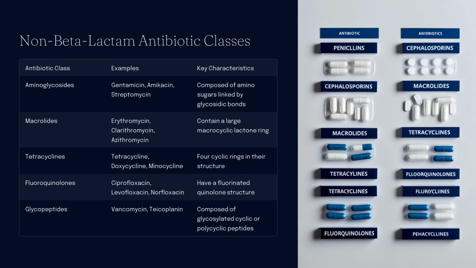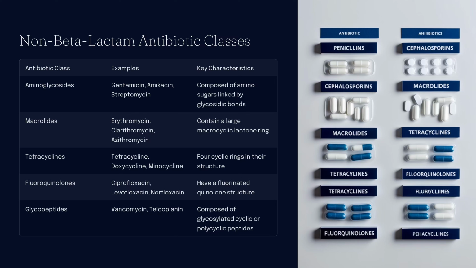So, fifth class is fluoroquinolones. These have a fluorinated quinolone structure. Drugs like ciprofloxacin, levofloxacin, and norfloxacin fall under this class. Sixth class is sulfonamides, containing a sulfonamide group. Examples are sulfamethoxazole and sulfadiazine.